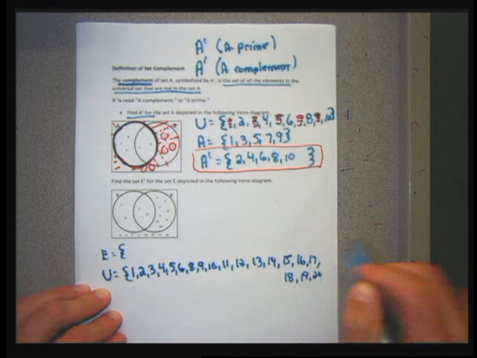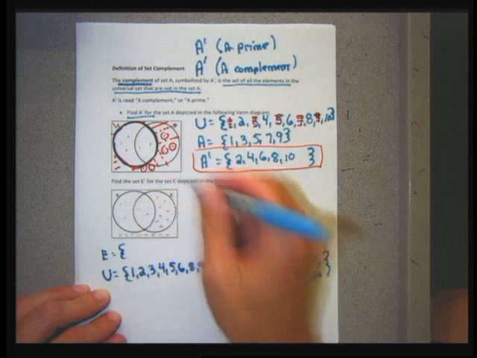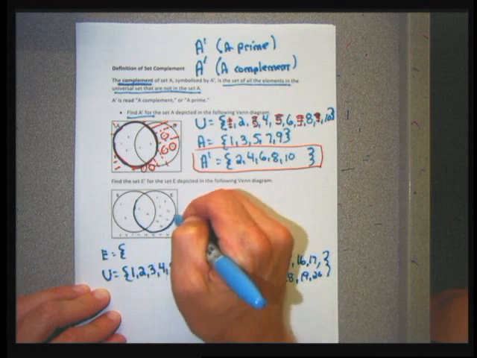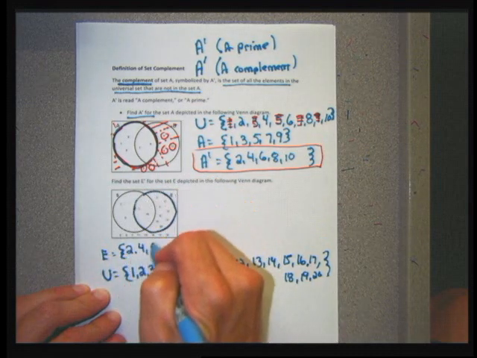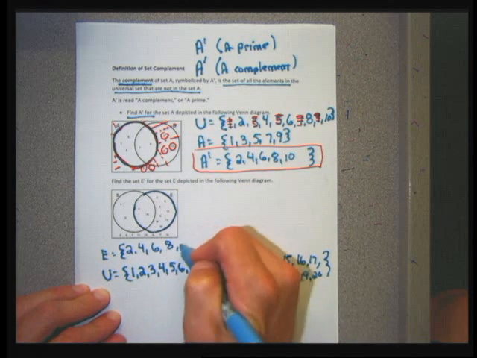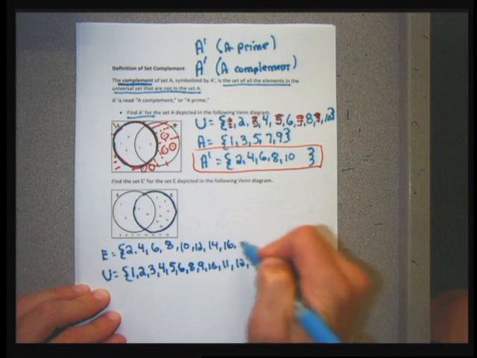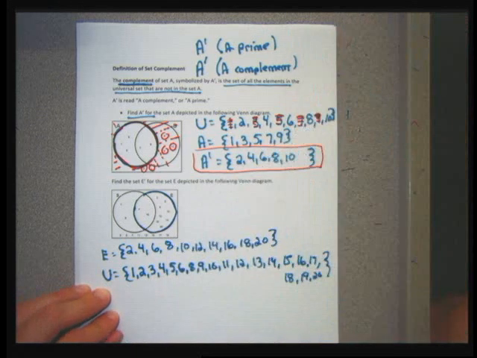So the universe for this particular problem are the numbers 1 through 20. And when we found E, it was this circle here. E contained all the evens. So E contains the numbers 2, 4, 6, 8, 10, 12, 14, 16, 18, and 20. We already did this on the previous page.